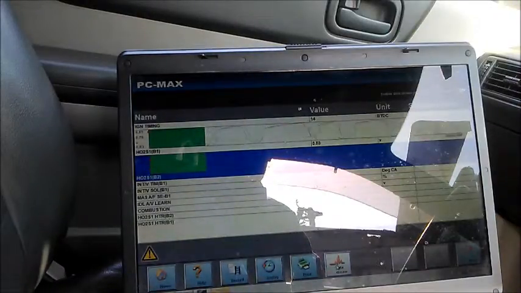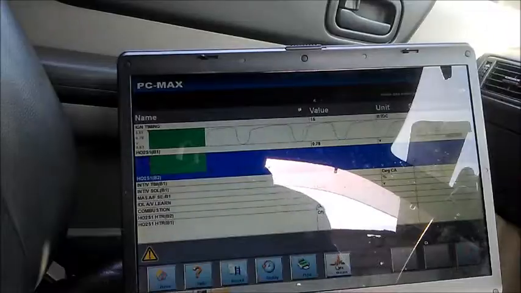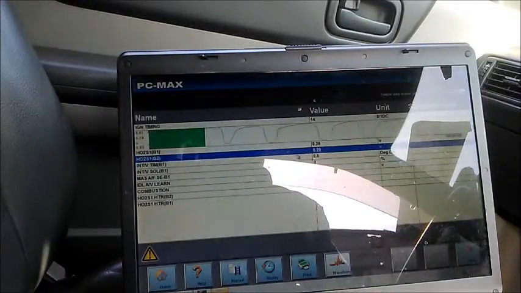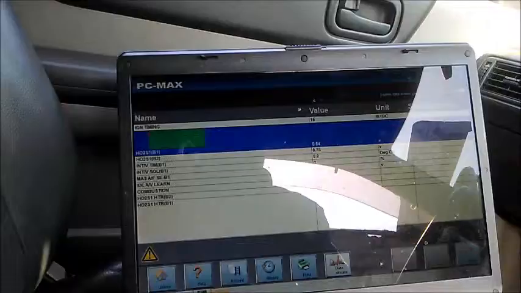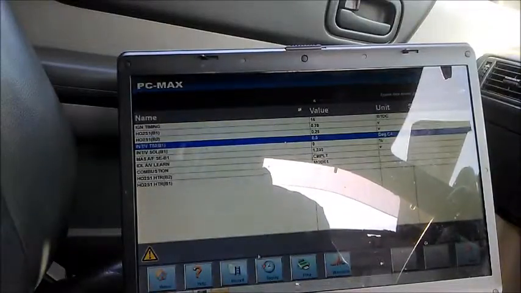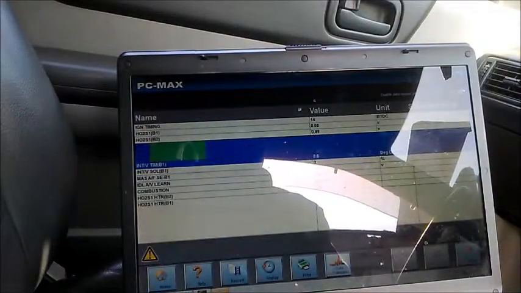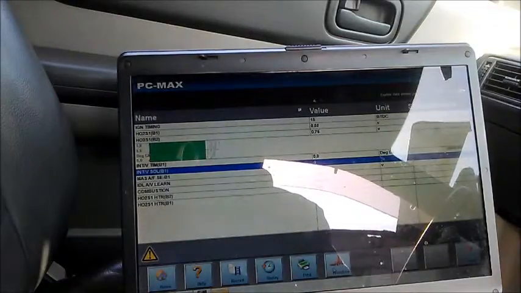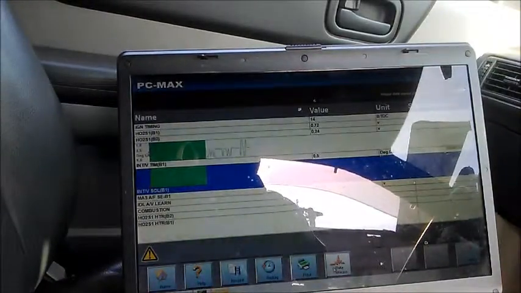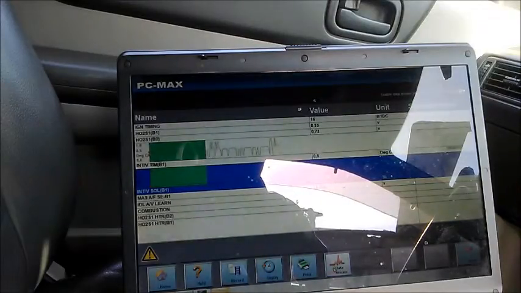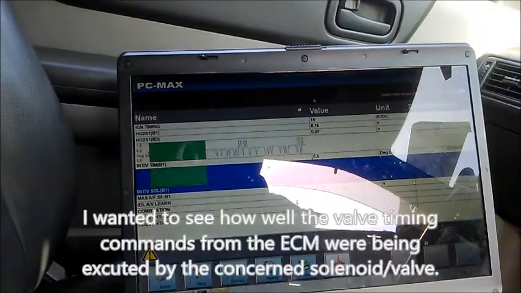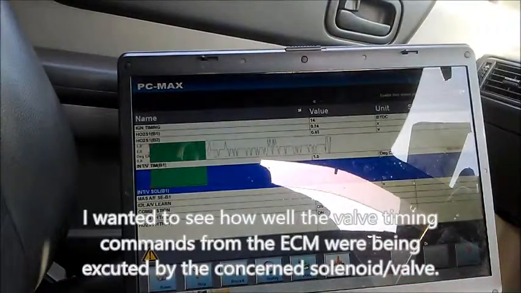I think I should also go back and get the fuel trim data if I can find it, but for now, before I do that, let me try to graph the valve timing data as well, because at the bottom, this down here is the command.